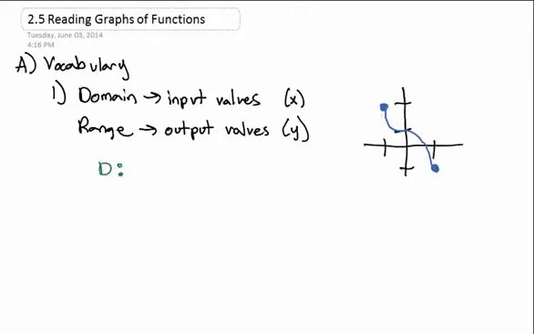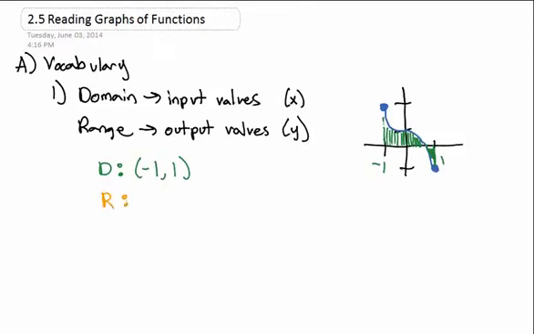The domain is all the possible x values, and so what I could do is I could project this or squeeze this graph down onto the x-axis, or up, depending on the direction, onto the x-axis. And you see it covers everything from -1 to 1. That's my domain. If we were to squish it onto the x-axis, we would cover everything from -1 to 1.